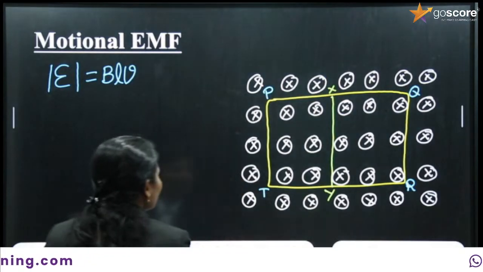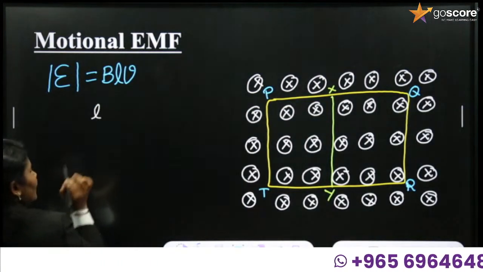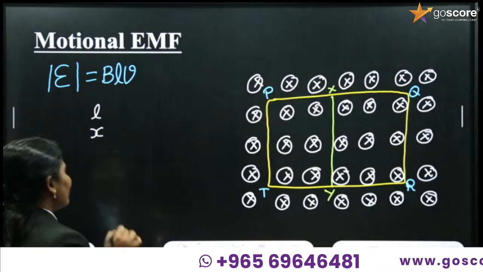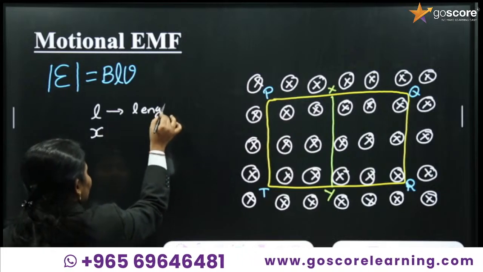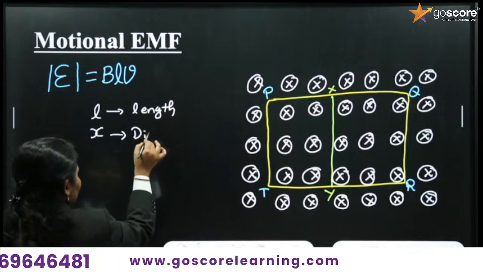This XY metallic wire has length L and breadth X. So this metallic wire length is L. This is the distance.